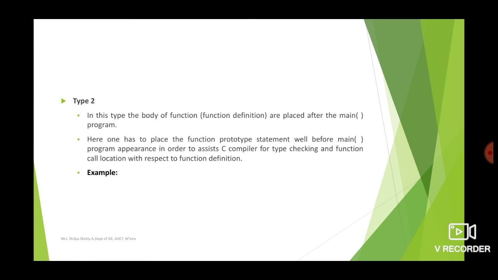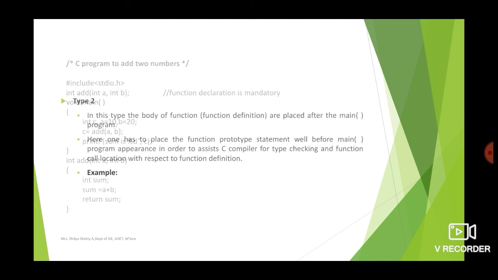Here one has to place the function prototype statement well before the main program, so that the C compiler can do type checking and know the function call location with respect to the function definition. What it means is, whenever you define the function after main, the function declaration is a must before main. When you define the function before main, function declaration is optional.